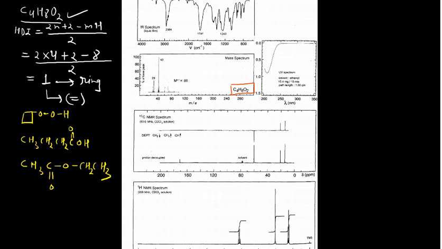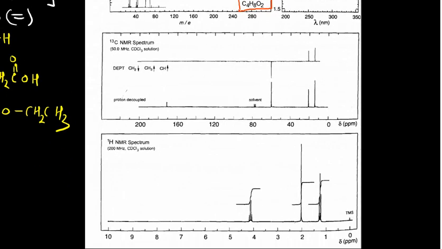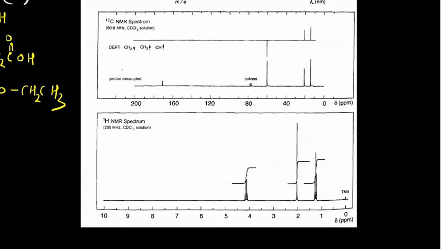As I already told you, whenever you are having such a problem, straightforward look for your proton NMR spectrum, right? Because the proton NMR spectrum gives a good idea about the structure. Okay. So you see what the proton NMR spectrum is having here.